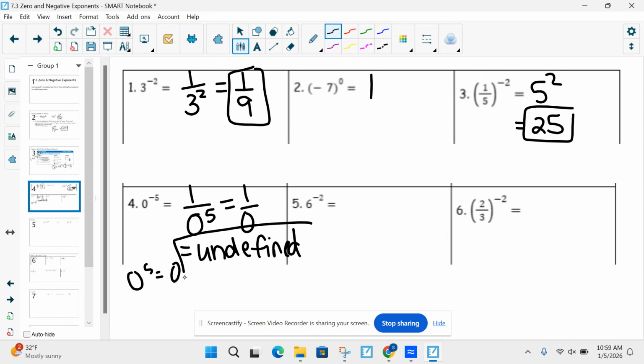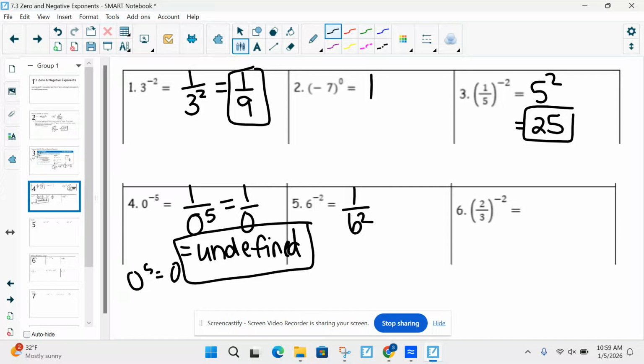So you'll see a couple like that on your homework where it's a negative exponent, so you put the 0 in the denominator. 0 in the denominator means undefined. For number 5, negative exponent means you flip it, so we're going to put 6 squared in the denominator, 1 over 6 squared. And we just put the 1 there as a placeholder for the numerator, since there wasn't anything else left in the numerator.